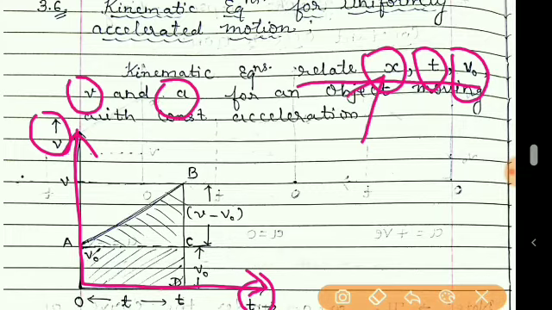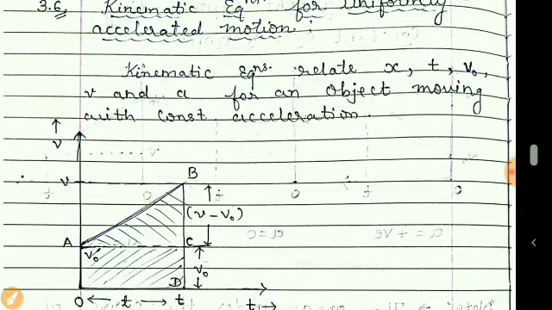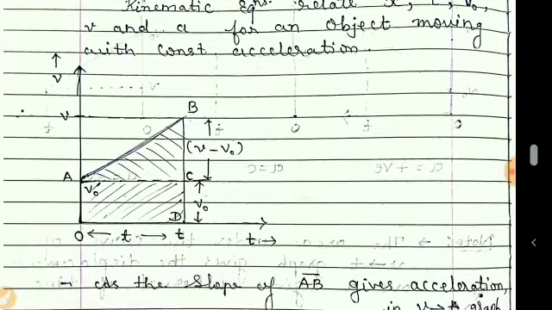So displacement, time, initial velocity, final velocity and acceleration. The relation between these variables is a kinematic equation.